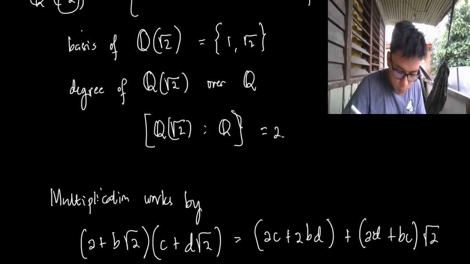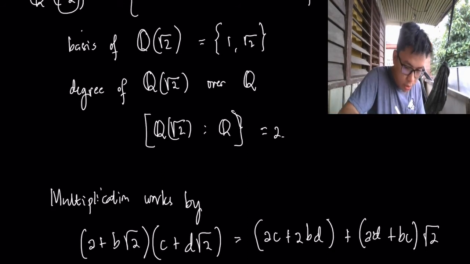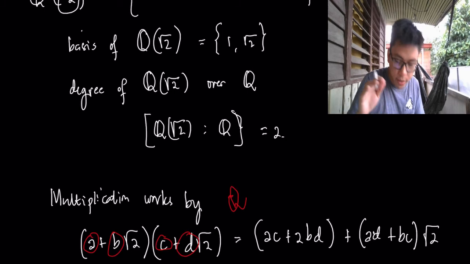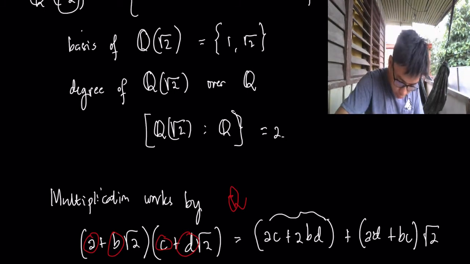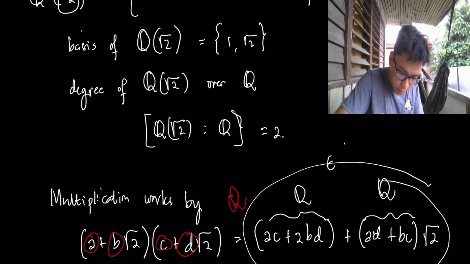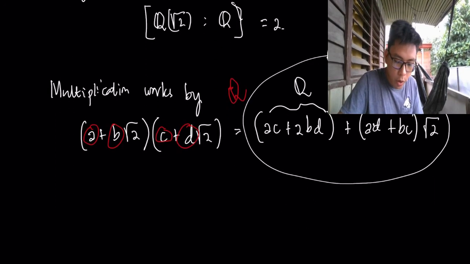Remember that a, b, c, and d come from Q, and Q is already closed under addition and multiplication, so these coefficients are also in Q. So this whole thing is also an element of Q of square root of 2, implying that Q of square root of 2 is closed under multiplication.